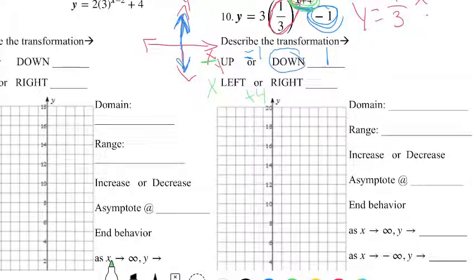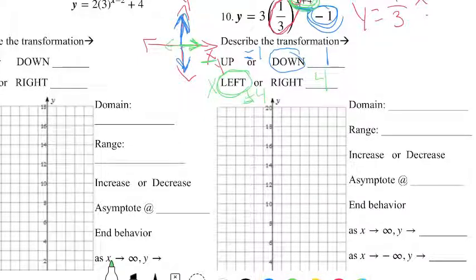So inside, we're scrunched up, we're mad at our parents, we're going to be disobedient to our sign. So if we weren't being disobedient, if we were just going to do what the sign tells us, it's positive. So if we wanted positive on the x-axis, we would go to the right. But because we're scrunched up, we're being disobedient, we're going to go to the left. So we're going to be going to the left 4 units. So that is where I'm getting my transformations from.